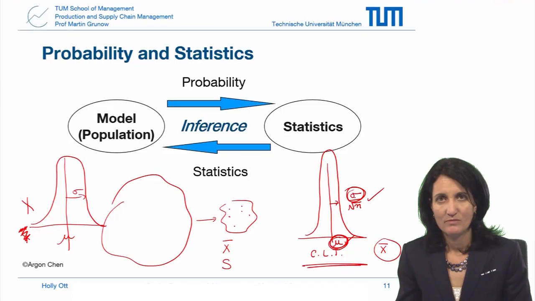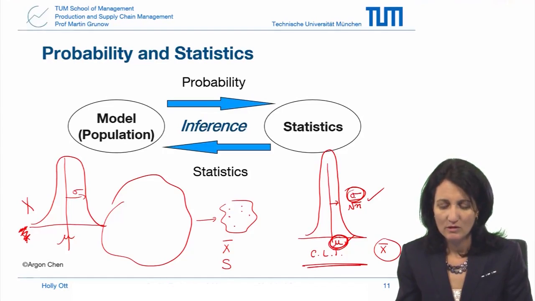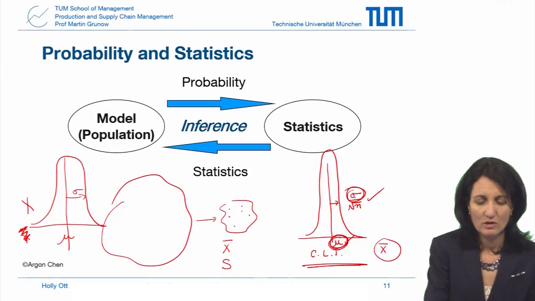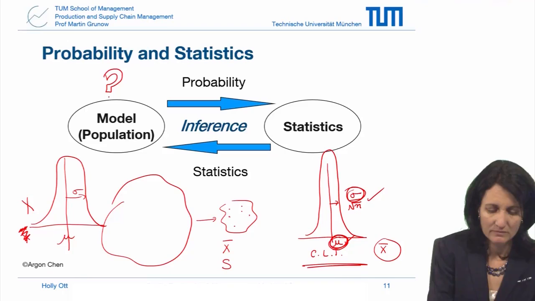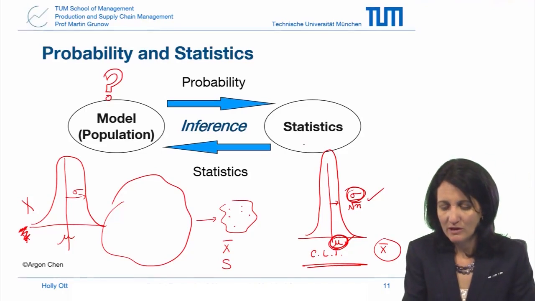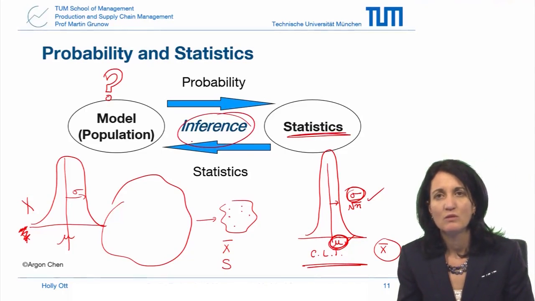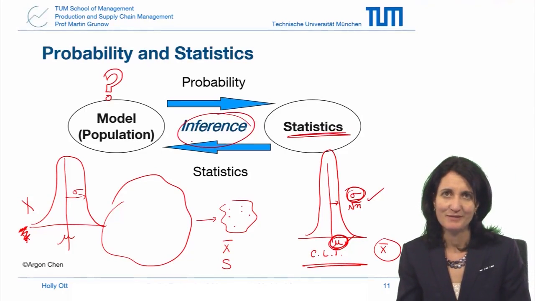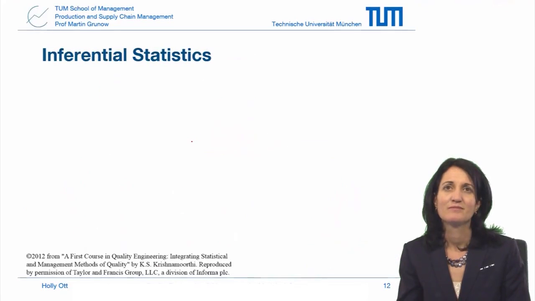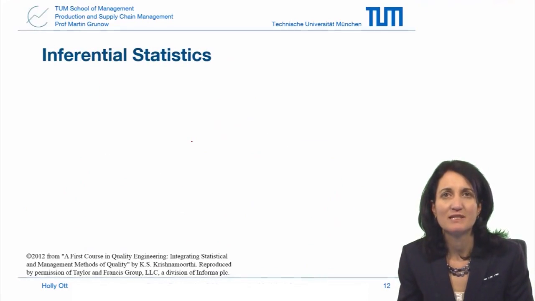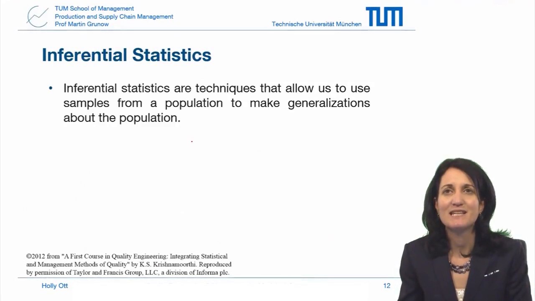So, looking back at the slide, do you remember we said when you don't know the model, we can then use statistics to infer what the model of our population is. And this is the meaning of inferential statistics. These are the techniques that allow us to use a sample from a population and to use the sample to make generalizations about the population.